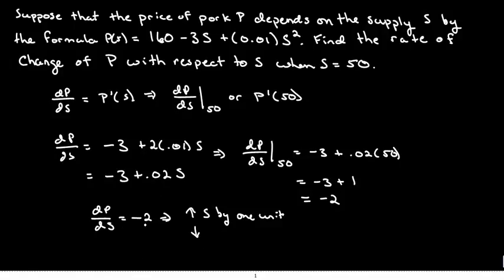It's not going to be exactly negative 2, but a very close decrease in price by 2 units. The reason I say it's not exact is because that would be what our actual change is. This is just the instantaneous change, and this is over an interval. Okay, but it gives us a good idea of what's going on at that specific value.